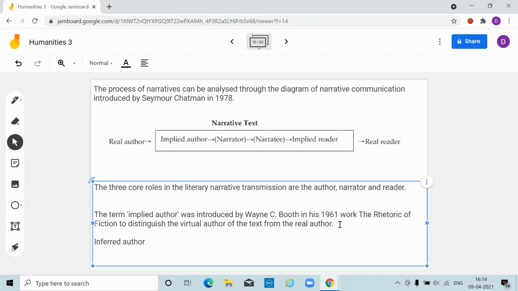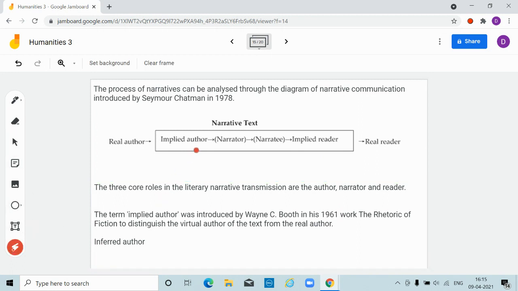So this concept was introduced by Wayne C. Booth. Remember, it was introduced in 1961 by Wayne C. Booth, and it was included in the diagram by Seymour Chatman in the year 1978.